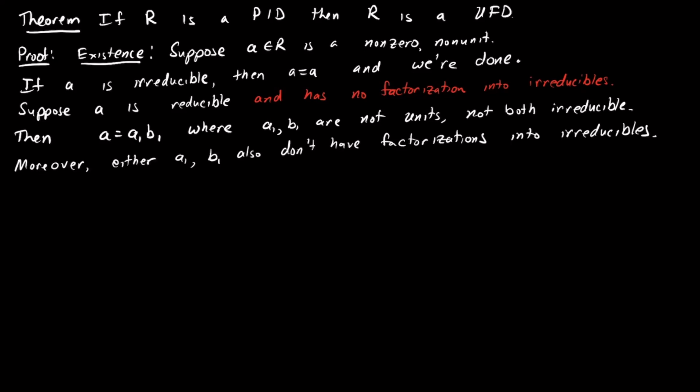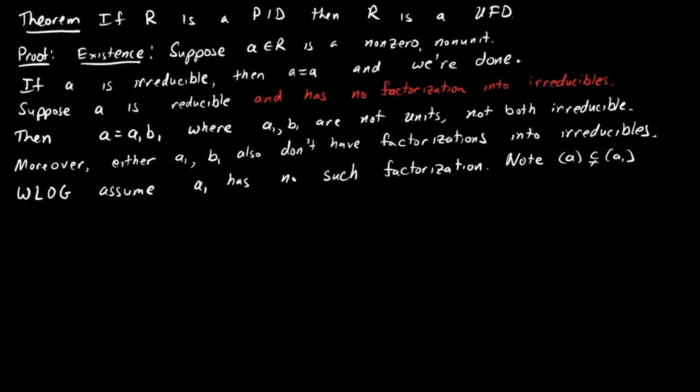Okay, well, moreover, either A1 or B1 doesn't have a factorization into irreducibles, right? If A1 can be factored into irreducibles and B1 can be factored into irreducibles, then I have a factorization of A into irreducibles. So it's got to be the case that either A1 or B1 or both don't have factorizations into irreducibles. So without loss of generality, I'll assume that A1 has no such factorization.